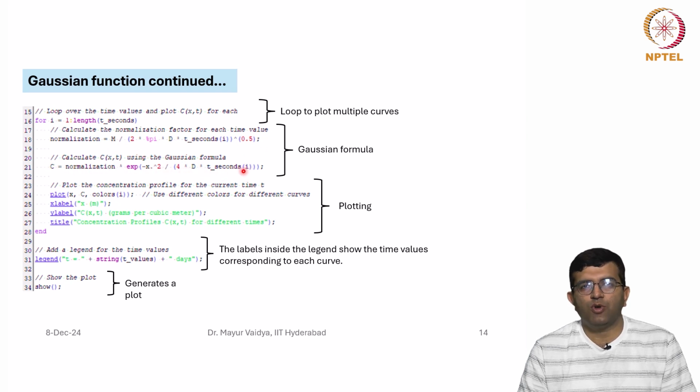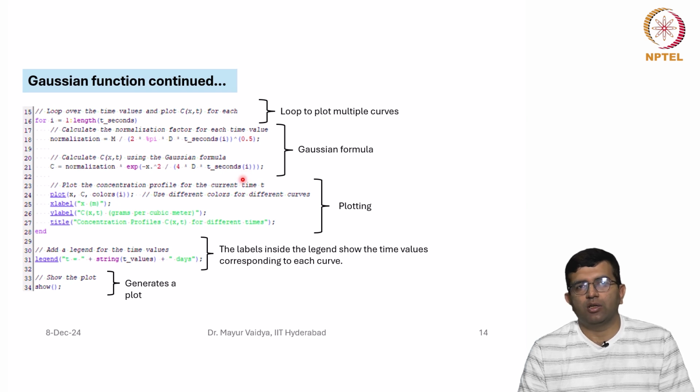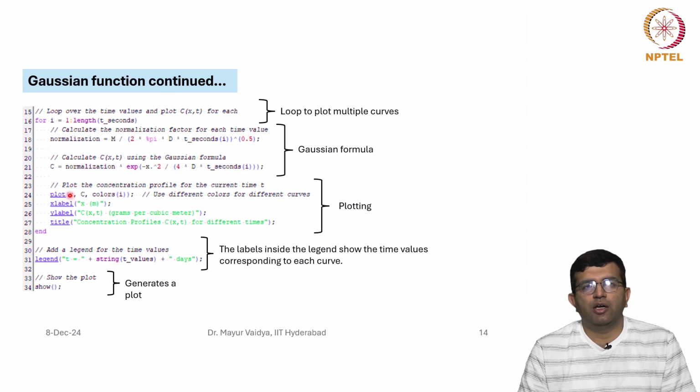Again, ti means for every time it will be calculated. And then you give the plotting commands, which are plot, xlabel, ylabel, and title. And then again here the legend for the overall graph. And then finally you click show.